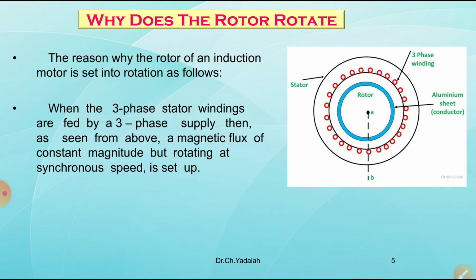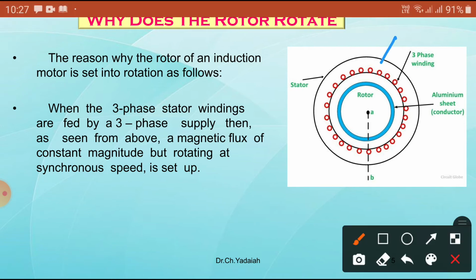When three-phase supply is given to this stator winding, there is an air gap between the stator and rotor. So it produces a rotating magnetic field rotating at synchronous speed, Ns is equal to 120 F by P, where P is the number of poles, rotating in the air gap.